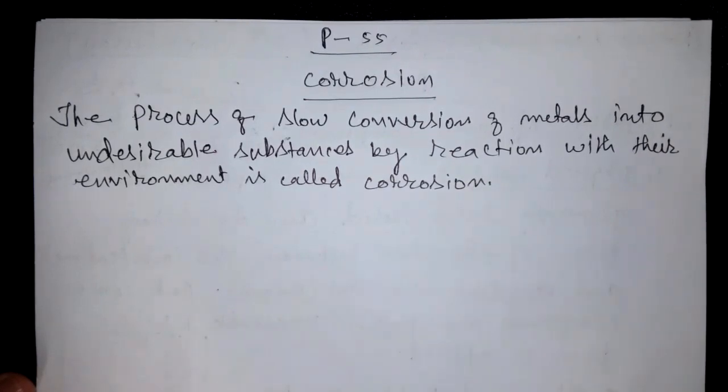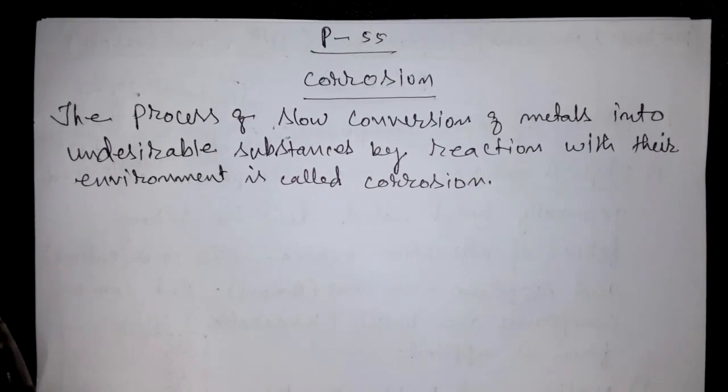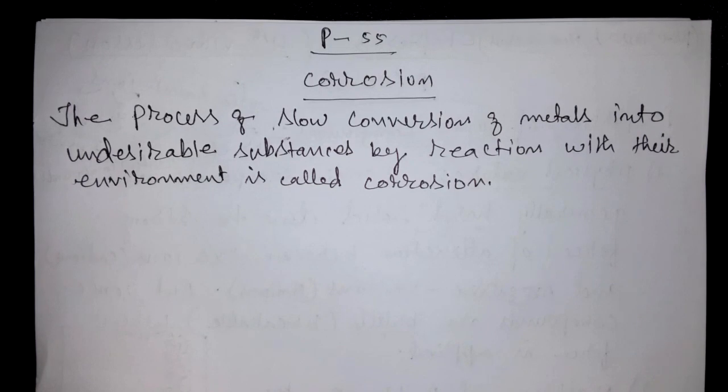Now, if you cannot remember this, then you can simply say wasting away of metal, or wearing away of metal, or in very crude language, spoiling of metal in the environment, that is called corrosion.